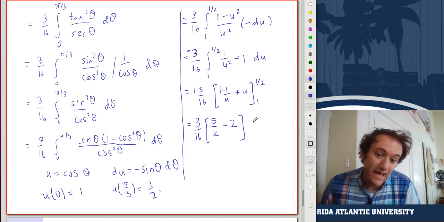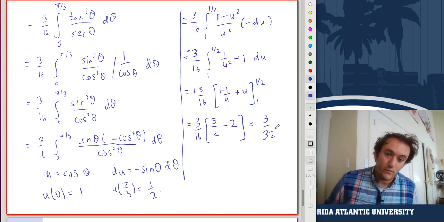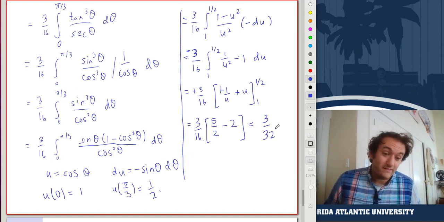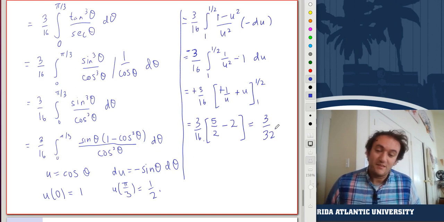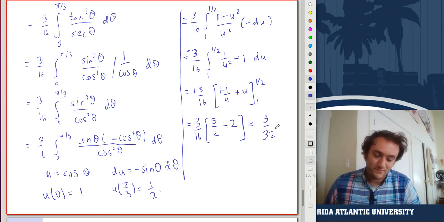So this is just 1/2, and we're left with 3/32. Okay? And that integral was a lot of work. We had to do a couple of variable changes, but at long last we got there.